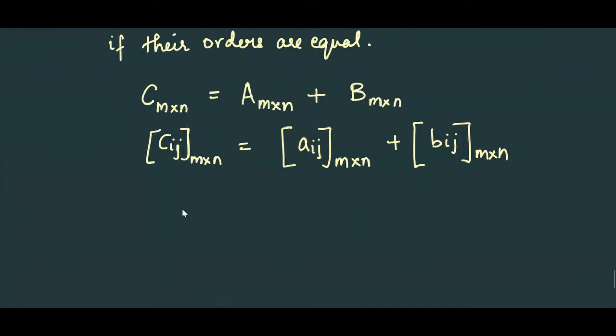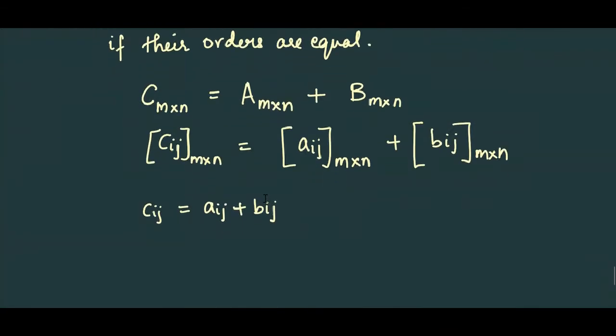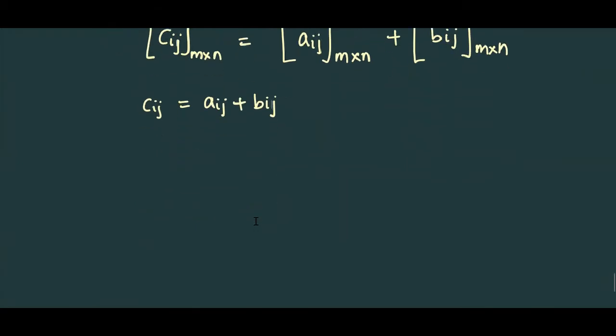Now when you see here, Cij is equal to Aij plus Bij. I am purposely making this notation form of matrices. There's a reason for it, because you have to get used to it, because in logic and some reasoning questions, these kinds of things are important. And of course, when you write programming, you have to be very clear of these i's and j's in arrays.